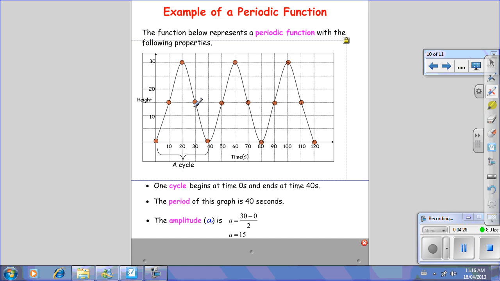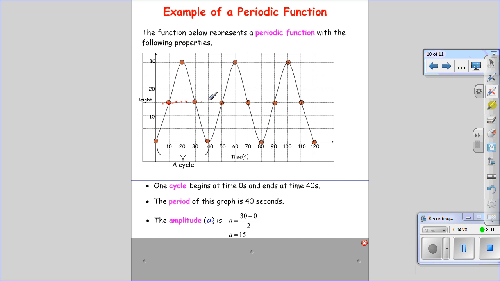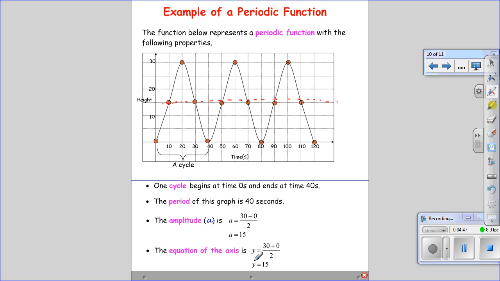It's that midpoint of the maximum and minimum, and we state it as y equals something because it's a line, an axis that runs through the midpoint. So it's just 30 plus 0 divided by 2, and you'll notice now we say y equals. And I forgot to mention it, but typically we use A for amplitude, and that relates to something we already know.